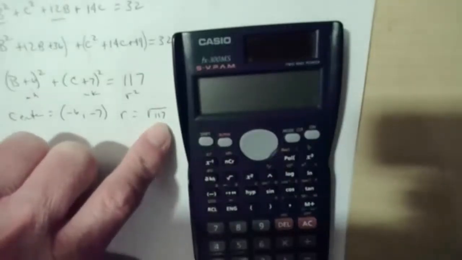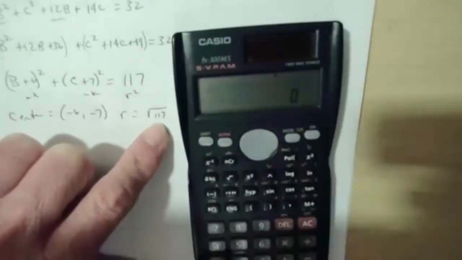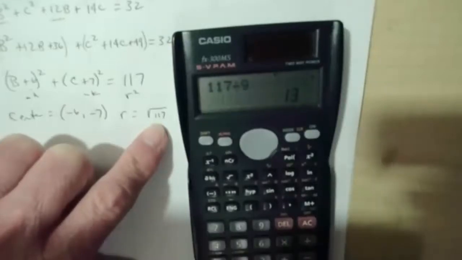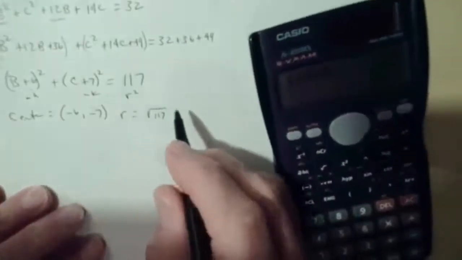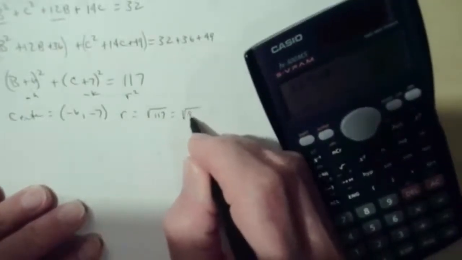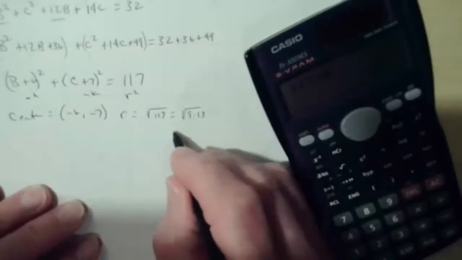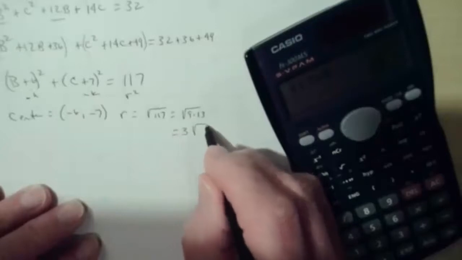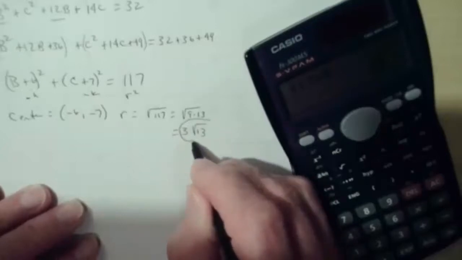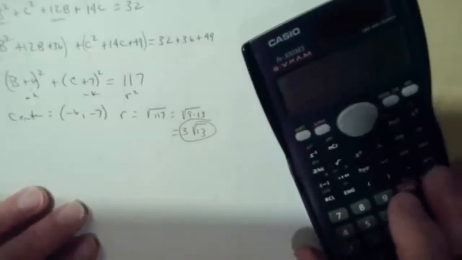Yes. So then 117 is also divisible by 9. 117 divided by 9 is 13. So the radius is the square root of 9 times 13. The square root of 9 is 3, which comes out of the radical. If you left it like this, I'd be okay with this, but your college algebra professor may not be.